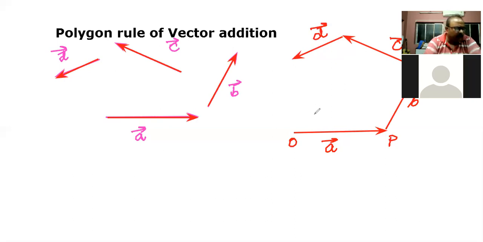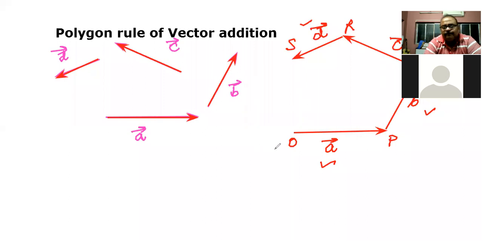So we have taken four vectors represented by the four arms of a polygon OP, PQ, RS. Over here you can see a vector, b vector, c vector, d vector.